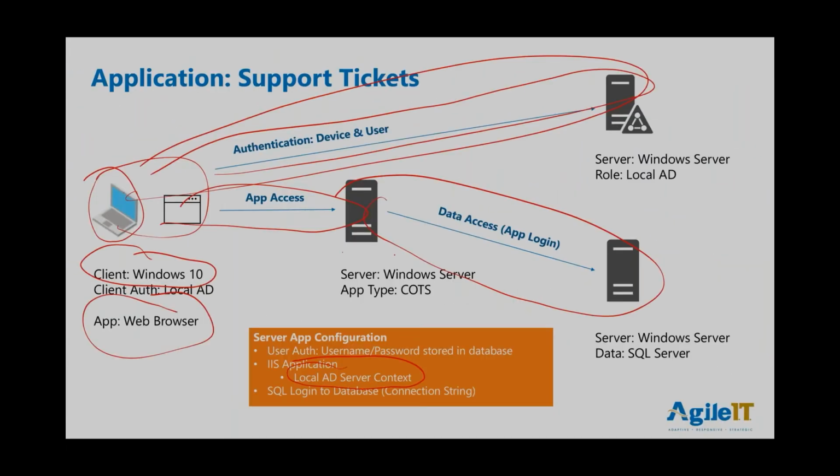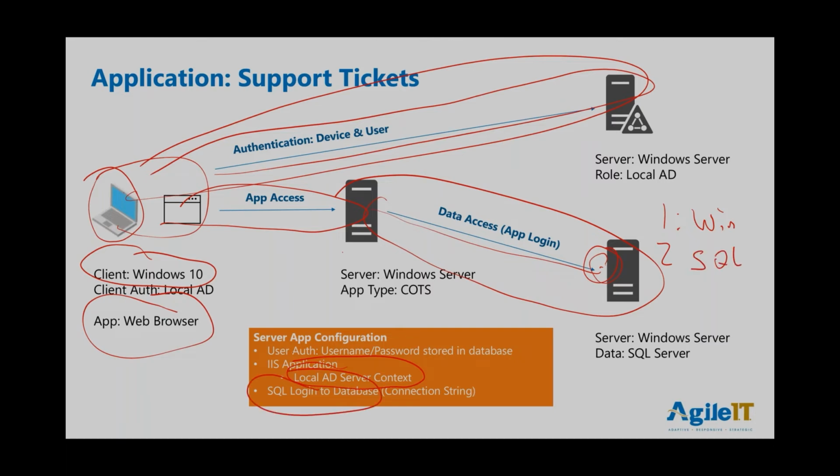What that means is that this application that's running here on an IIS process runs under an account that's also in local AD. And when this application runs its process and connects to this database, it can do it in one of two ways. It can do it based off of the Windows login, see my terrible writing, or the SQL login. In this case, it's a SQL login.